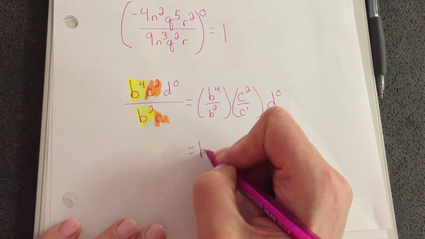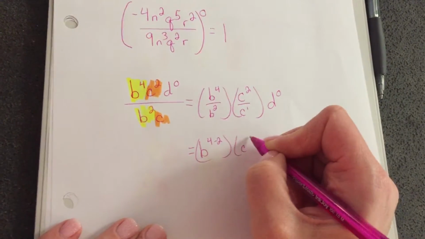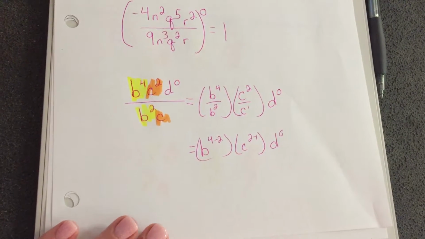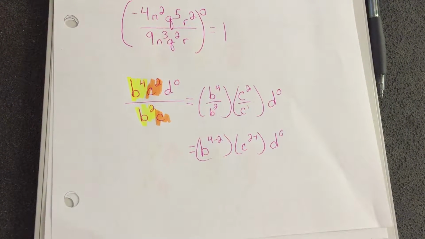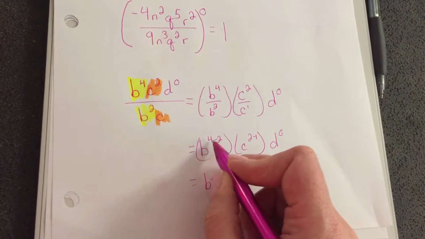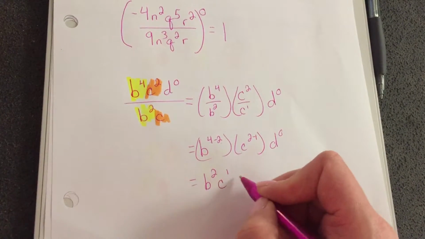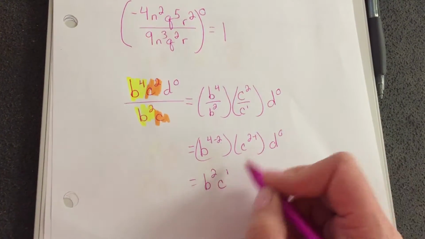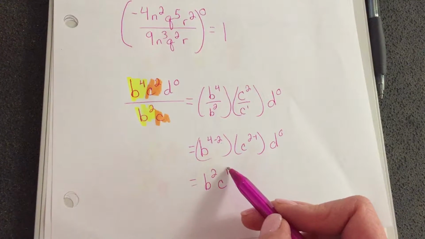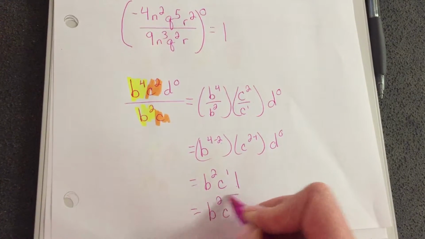So I have B, 4 minus 2, C, 2 minus 1, and D to the 0 power. I'm just leaving it right there until I get towards the end of the problem. So now I have B, 4 minus 2 is 2, 2 minus 1 is 1, and D to the 0 power is 1. I don't need this, and I don't need this. Okay, so I'm just going to leave it at B squared C.